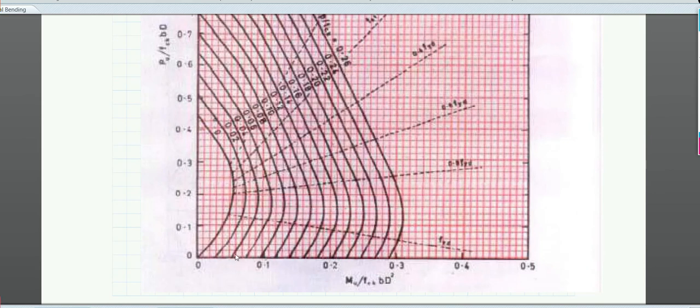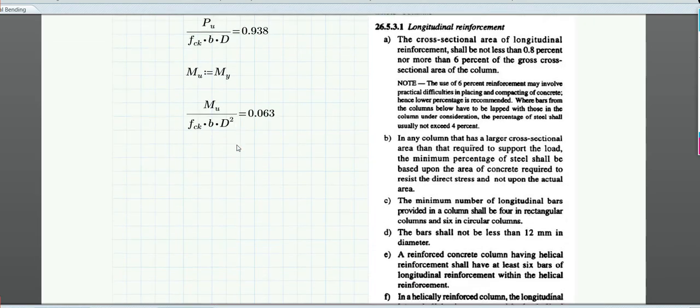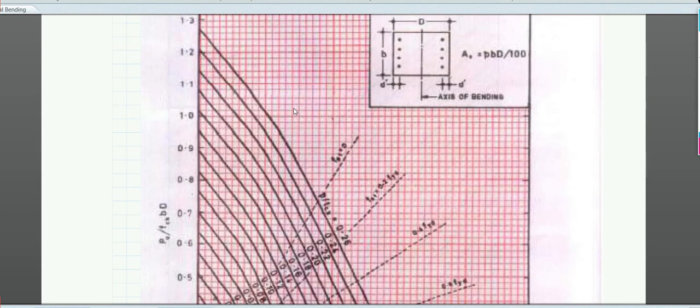And Pu by fck bd is 0.938, so around 0.9. You can see 0.06, so it will be somewhere along this line. If you see 0.9 here, sorry, this is 1, so it will be somewhere at 0.92, 0.94, like that.